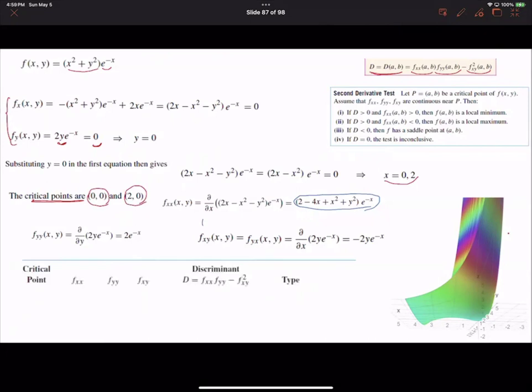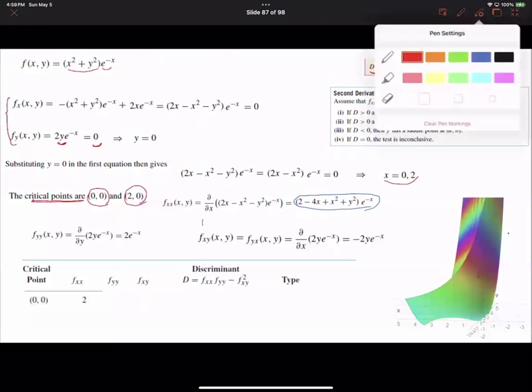This table helps us track what we did, what calculations we have. The critical point (0, 0): the second partial derivative of f with respect to x at (0, 0) is equal to 2. Why is that?